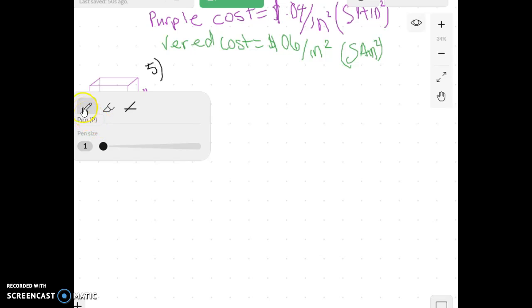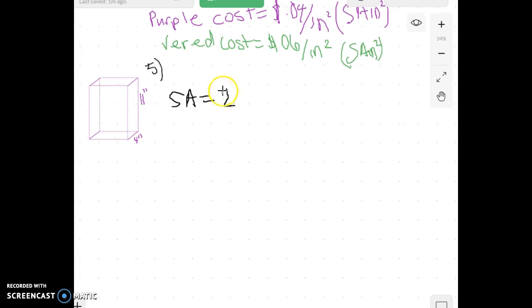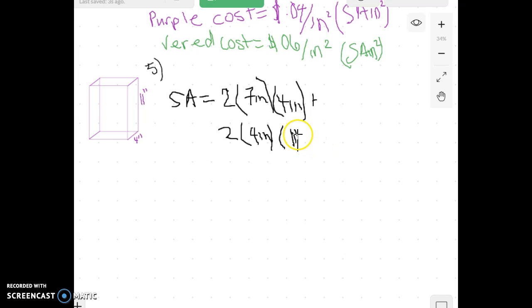So surface area is equal to 2 times our length, which is 7 inches, times our width, which is 4 inches, plus 2 times 4 inches times 11 inches, plus 2 times 7 inches times 4 inches.